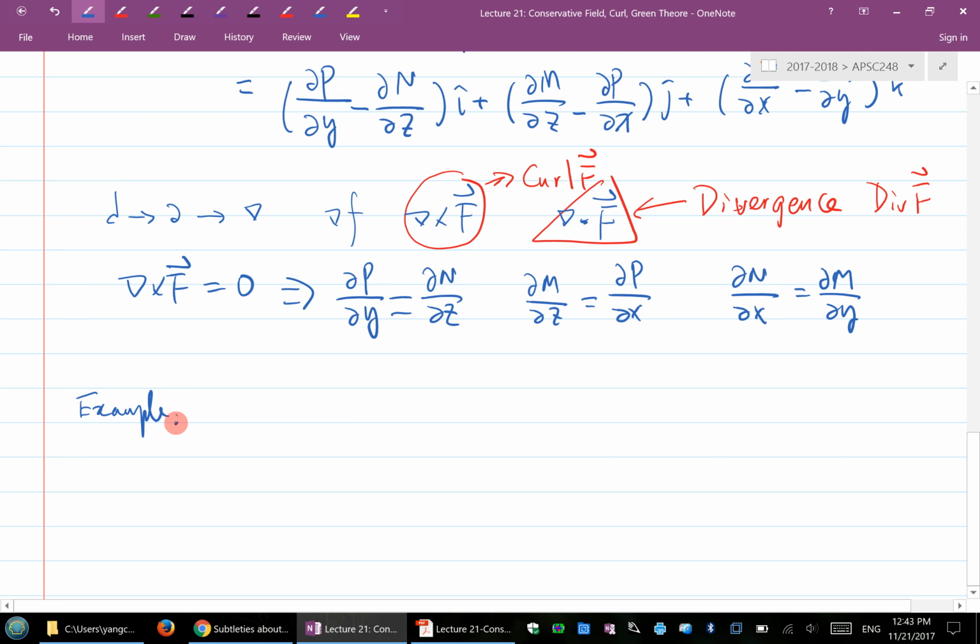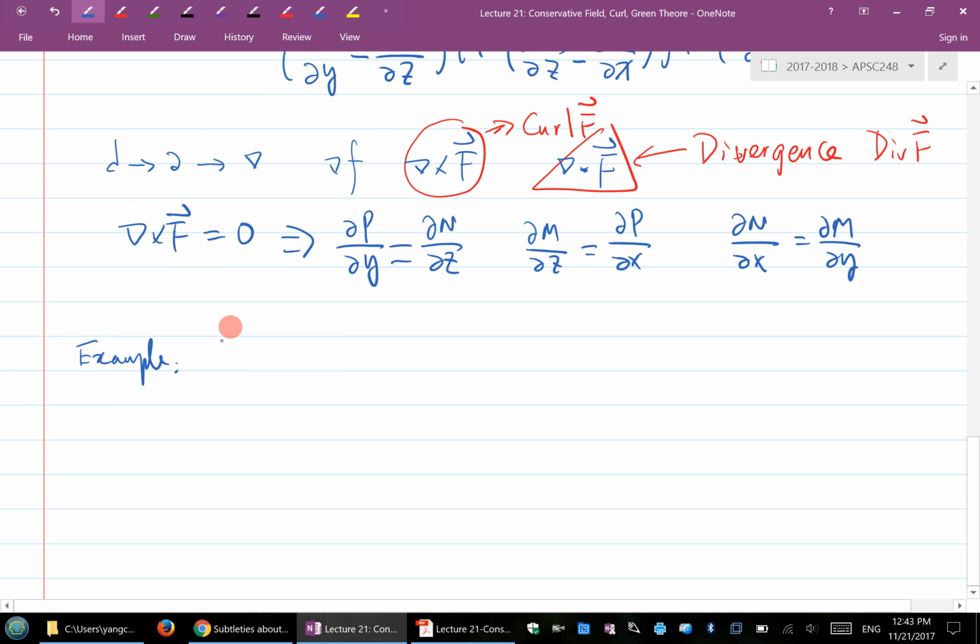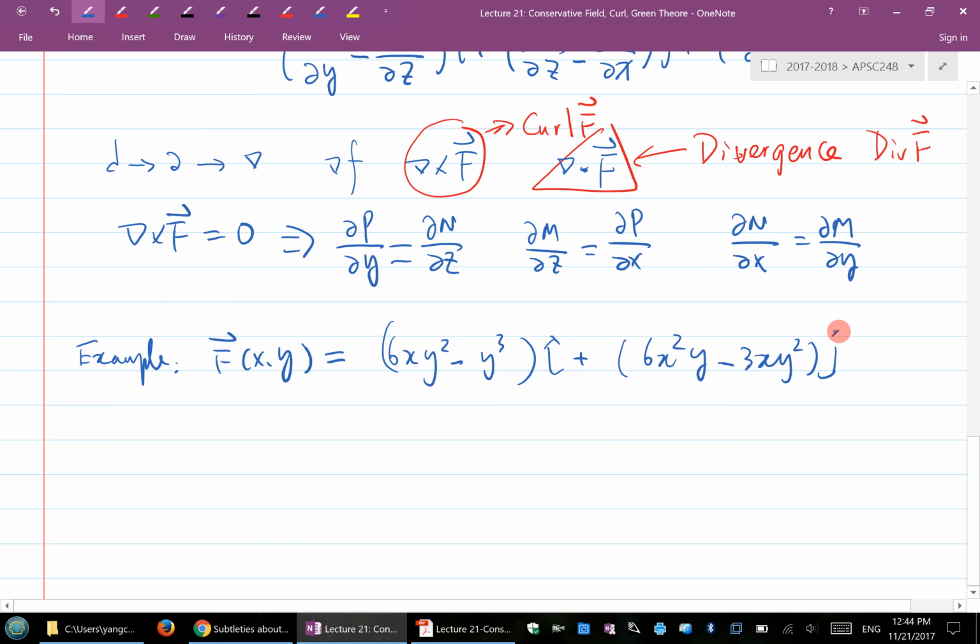So let's look at a simple application. How do we check whether a vector field is conservative or not? Here's a vector field, a 2D field, so a little bit simpler.